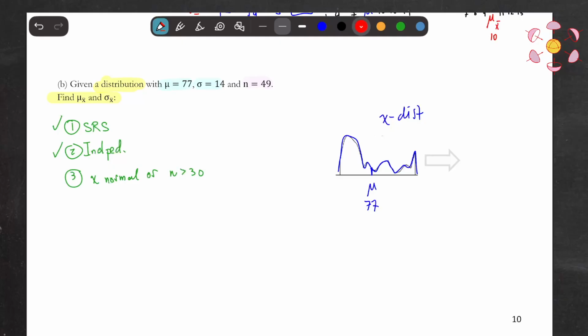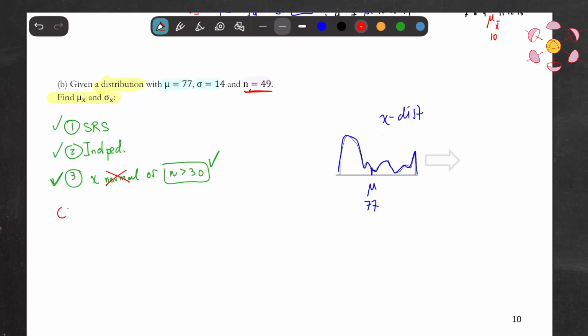This time we are not told this information. And in fact, look at the picture. They give us the distribution. It's definitely not normal. So look at our sample size. Our n is 49. That means this is satisfied, so we can put a check mark. So 1, 2, and 3 are satisfied.